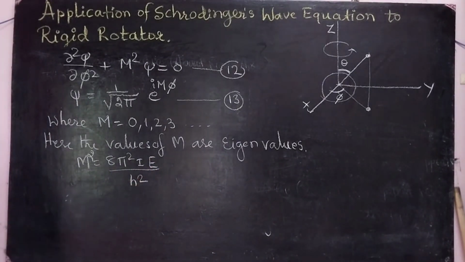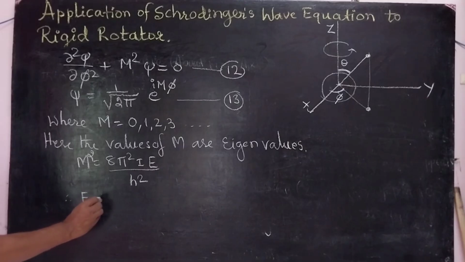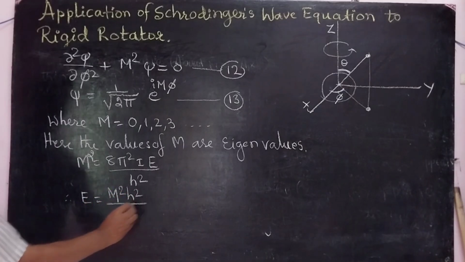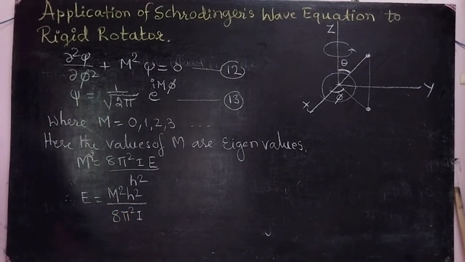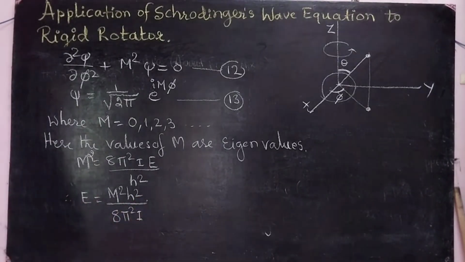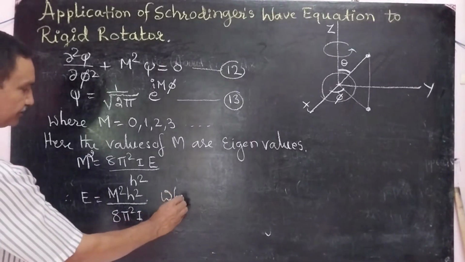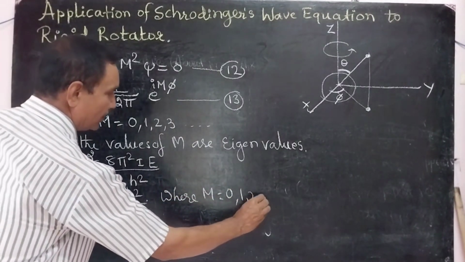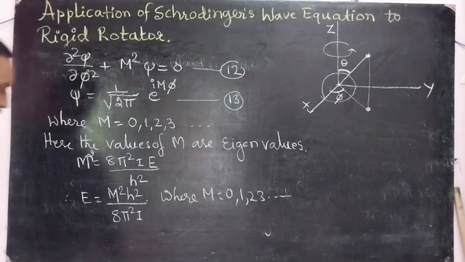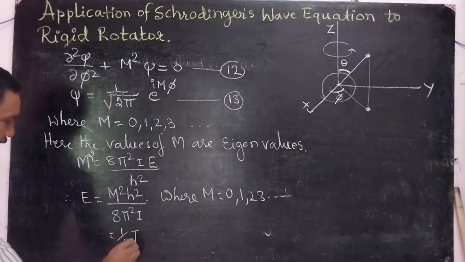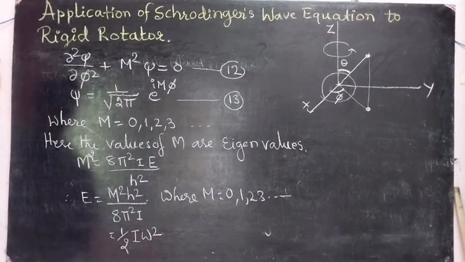Then we can rearrange this as E equal to m square h square divided by 8 pi square I, that is the energy, where m equal to 0, 1, 2, 3, and so on, which is equal to 1 by 2 I omega square.